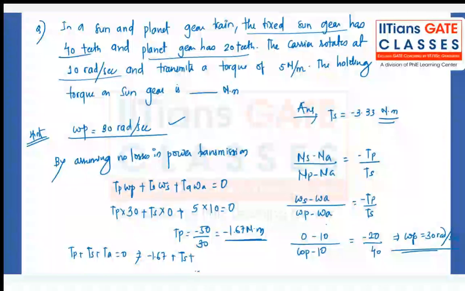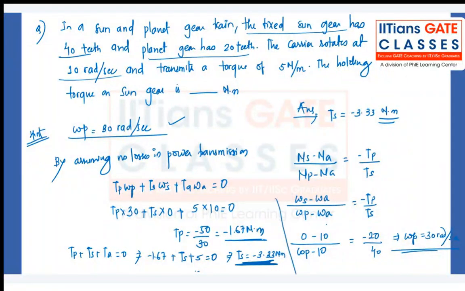But as we know, overall torque has to be 0, assuming no losses. So minus 1.67 plus Ts plus 5 equals 0, and you will end up with Ts equal to minus 3.33 Newton meter. So like this, you have to solve this problem.